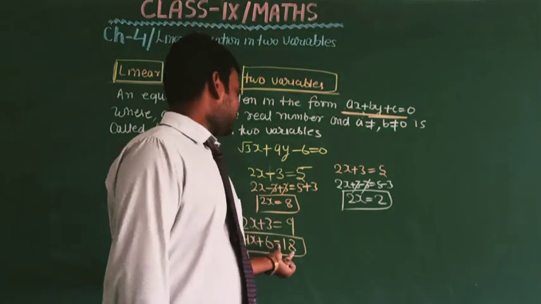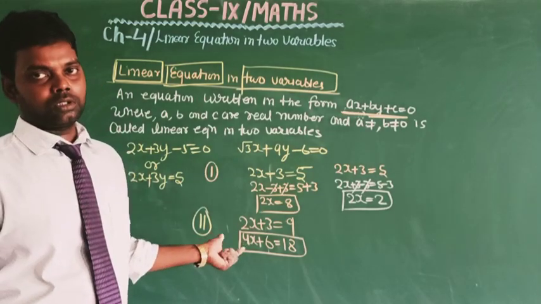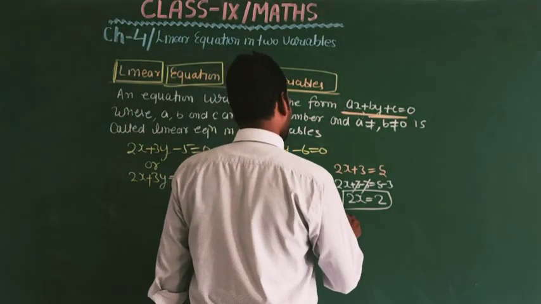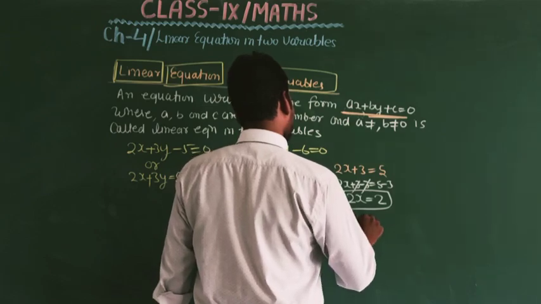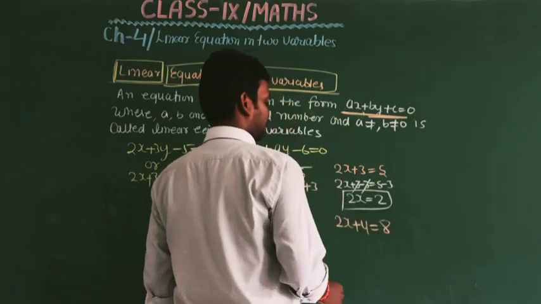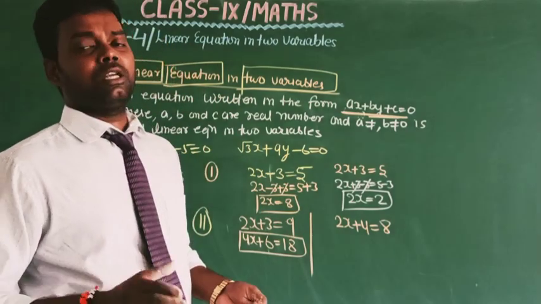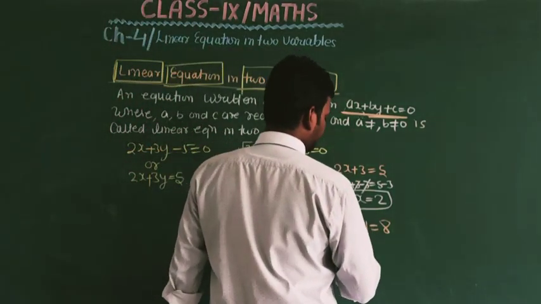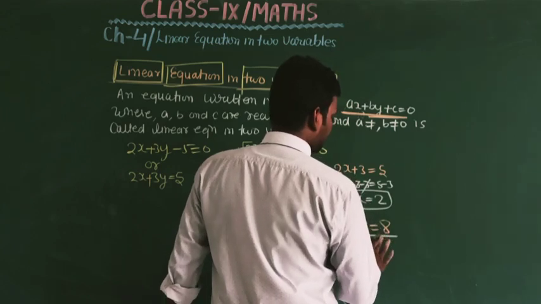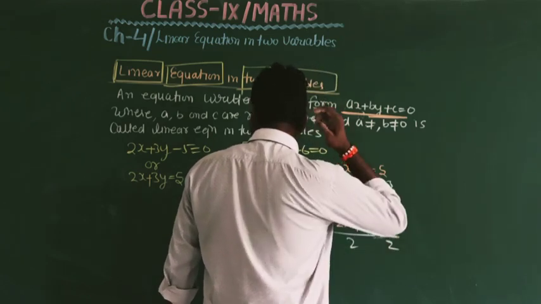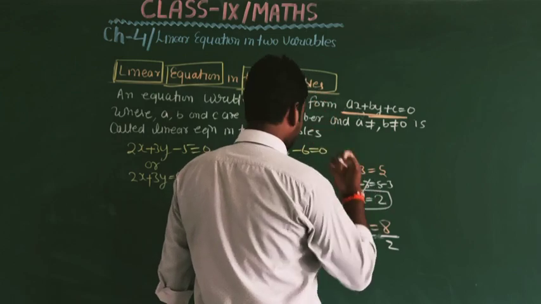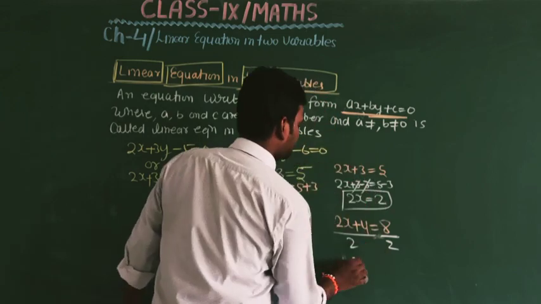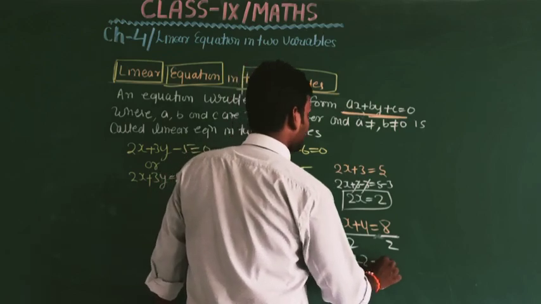Similarly, 2x plus 4 equal to 8 is not affected when divided by the same number. If we divide both sides by 2, we get x plus 2 equal to 4.